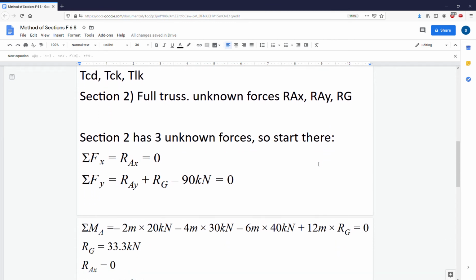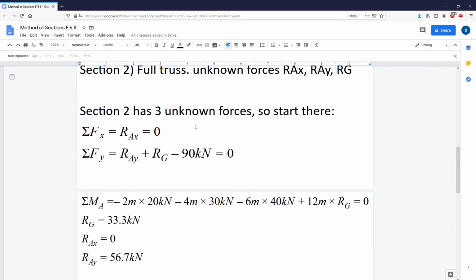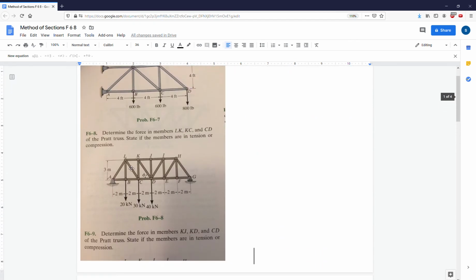So I've called that section 2 here. So I set it up. The sum of forces in the x direction, well, reaction G is a roller support, reaction A is a pin support, so reaction A is the only one that'll have an x component. There are no x components of load forces, which means we can say that reaction at A in the x direction is 0.